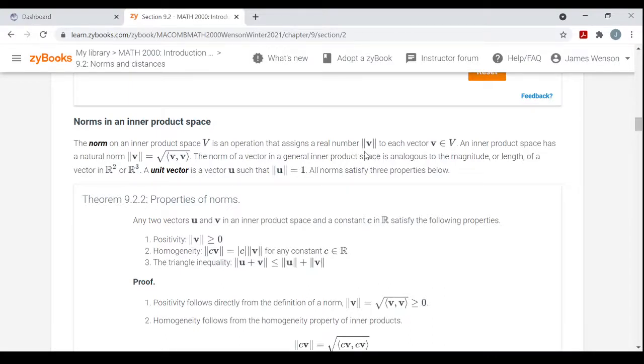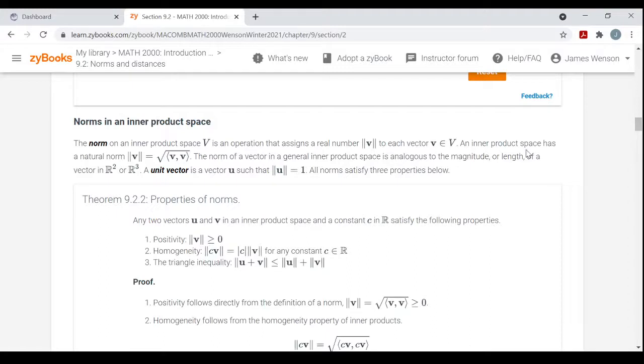Now, remember when we talked, this has been a while, but when we talked about the magnitude of a vector in Euclidean space, or the length of a vector in Euclidean space, you use this notation. Looked like a double absolute value symbol around a vector. Well, now this is going to be called the norm of a vector. Right. And the norm of a vector is, again, a real number for every vector in the vector space.